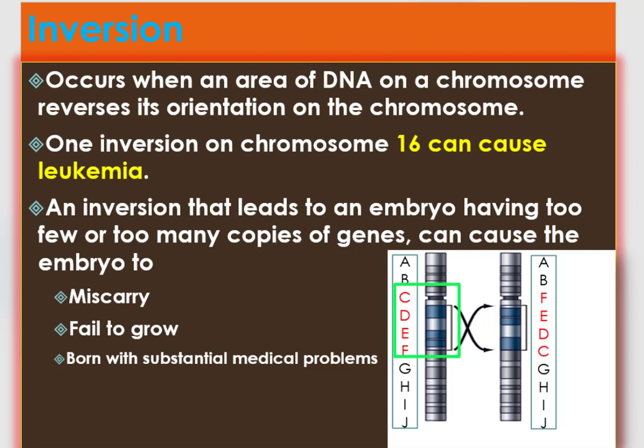The resulting mutated chromosome could be a chromosome that has A, B, F, E, D, C, G, H, I, J. One inversion on chromosome 16 can cause leukemia. An inversion that leads to an embryo having too few or too many copies of genes can cause the embryo to miscarry or fail to grow or be born with substantial medical problems.